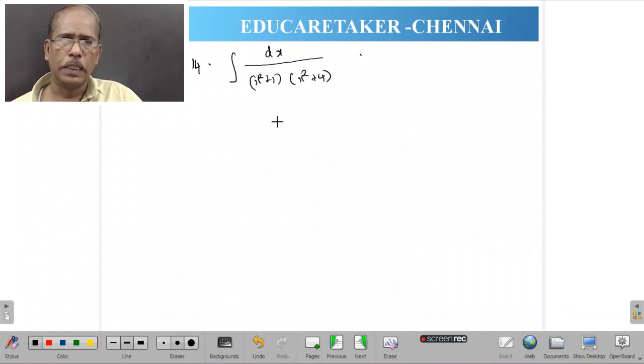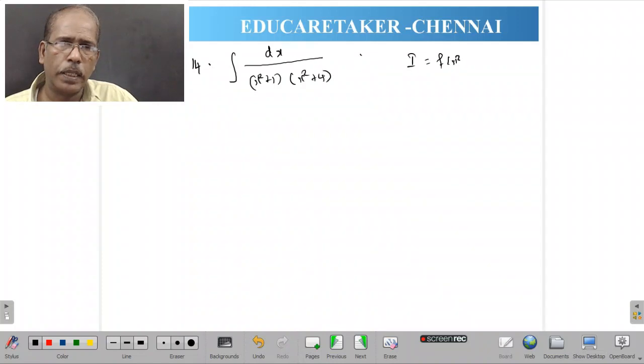Actually, the integrand is a function of x square, so we can identify the integrand as an even function.